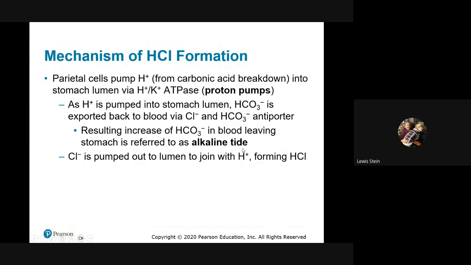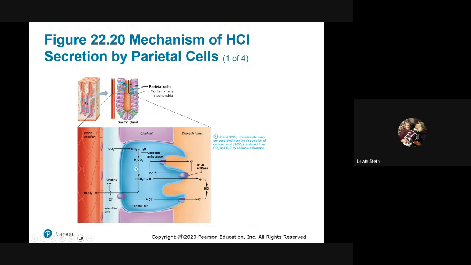This is called the alkaline tide. The chloride being pumped out makes the hydrochloric acid, and this alkaline tide, as you'll see, as the blood makes its way back finally to the lungs, we kind of reverse that. So they're showing it to you here.